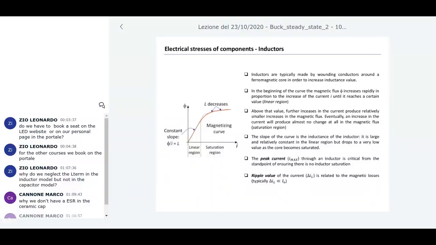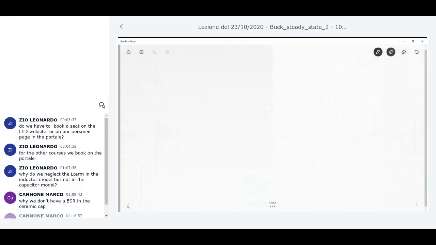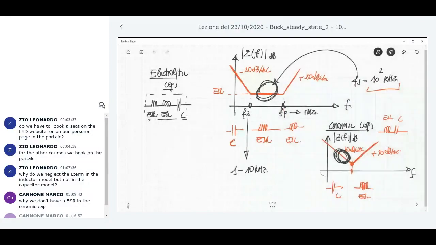So let me share a simple concept with you, and then we have a break. The capacitance depends on the electric permittivity, on the surface of the metallic plates, and on the distance.